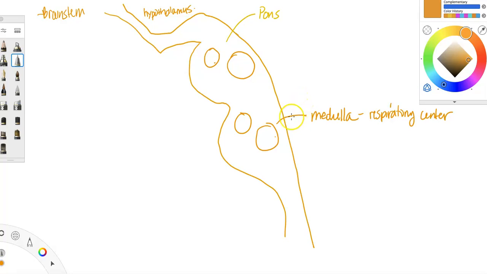in the medulla, there are these two sets of nuclei, and one is called the VRG, and the other, I'm just doing a different color just so we can see it, is the DRG.